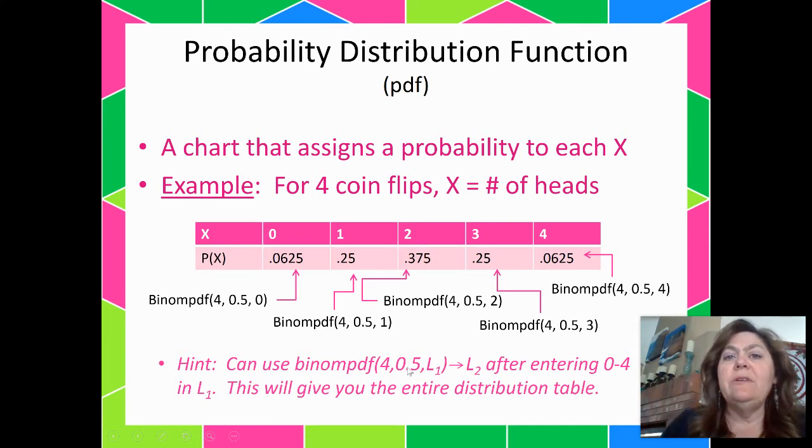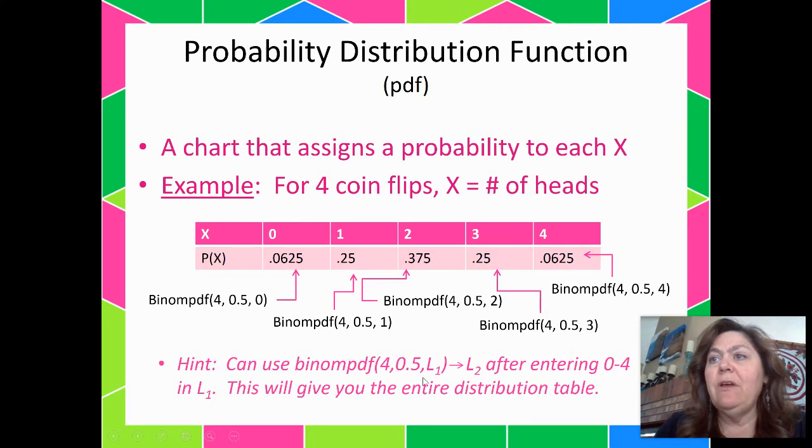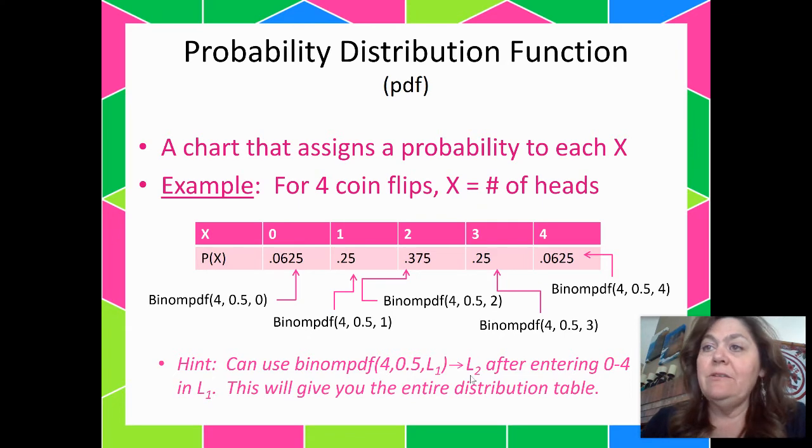You don't have to do it each time. You could do one straight command after you have all your X values in list 1. Run that binomPDF, and voila, the entire table shows up in list 2. You'll get the entire distribution table in one swoop command. So I highly recommend this command to you as well.